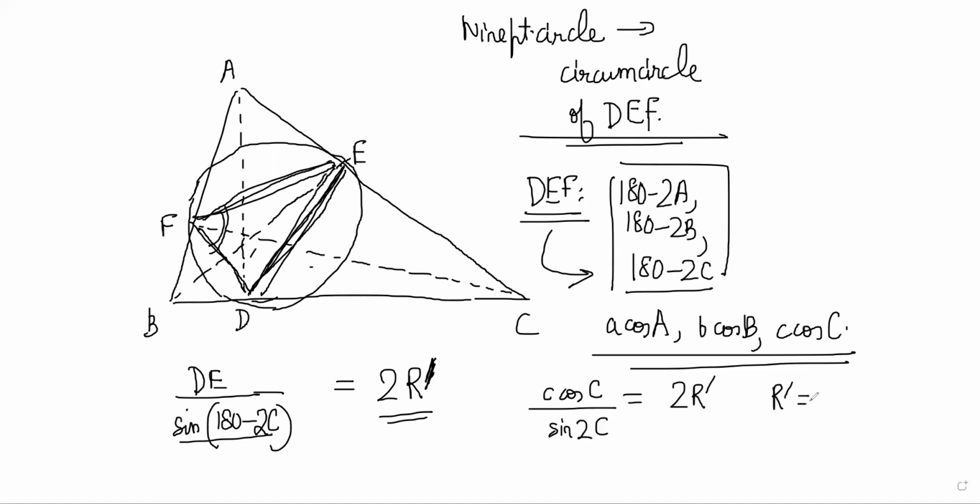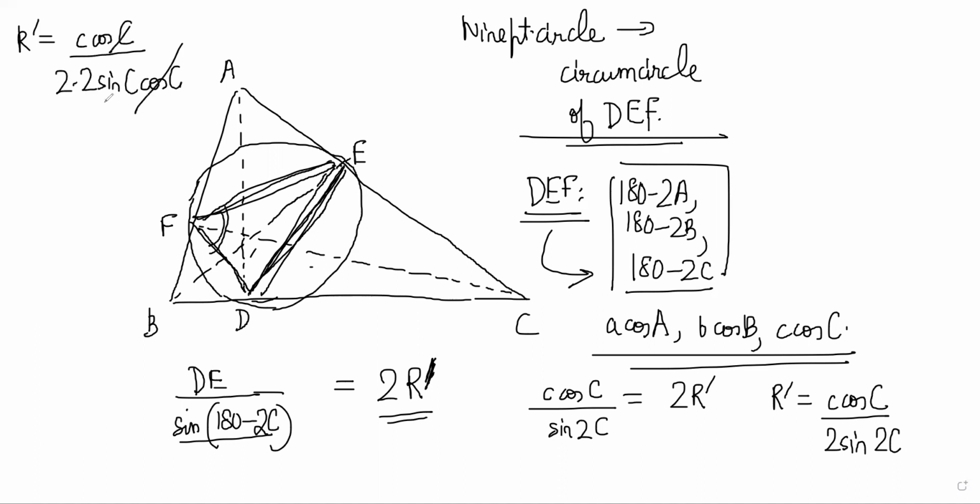So R dash comes out to be C cos C by 2 sine 2C, right? And sine 2C can be written as 2 sin C cos C. Cos C cancels. It is C by 4 sine C. And C by sine C is 2R. So 2R by 4 it is, no?